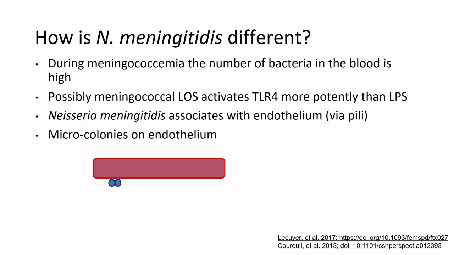In meningococcemia, the number of bacteria in the blood is high, but we also said, okay, this is something that Neisseria meningitidis has in common with those other also encapsulated bacteria. Now, Neisseria meningitidis still has a couple more tricks up its sleeve for why it can persist well in the bloodstream and hide from the immune system.